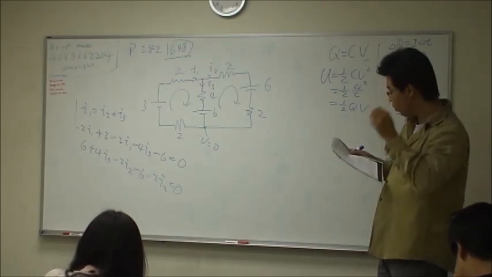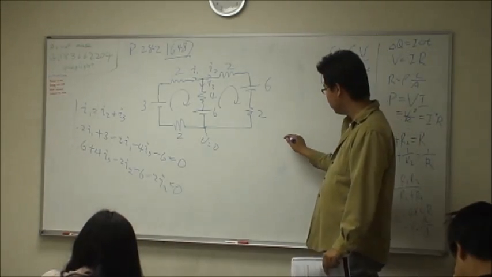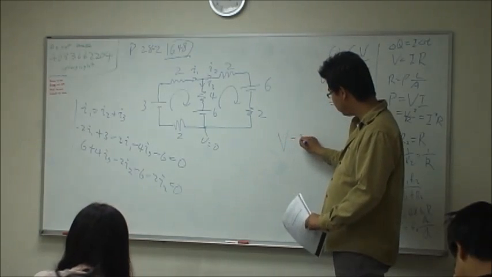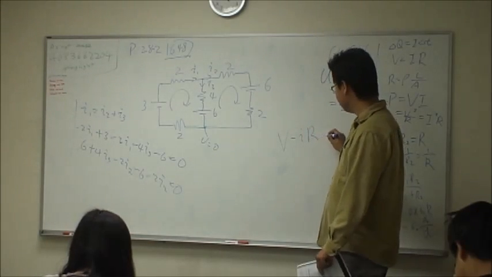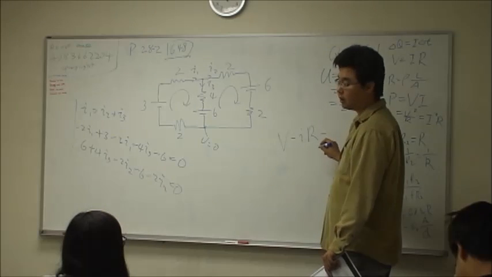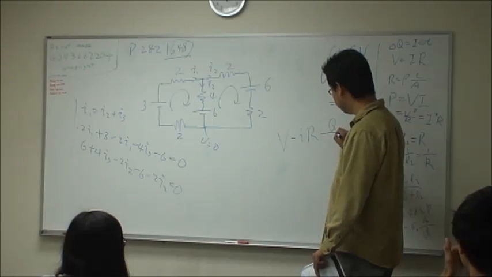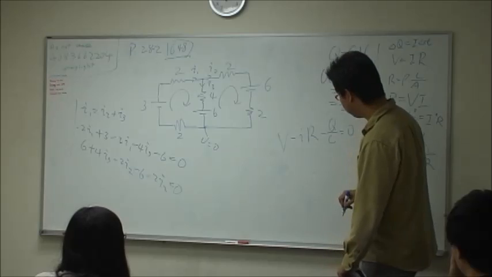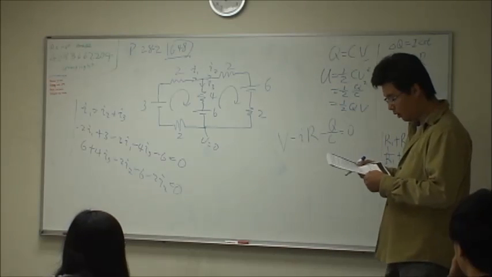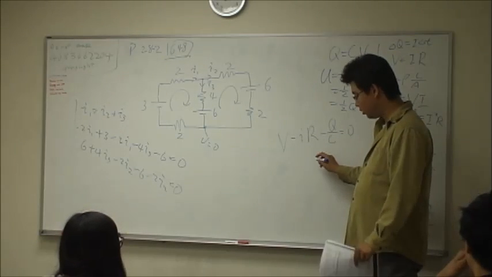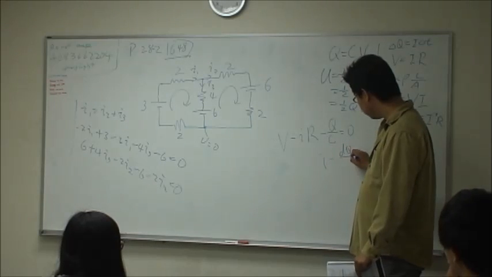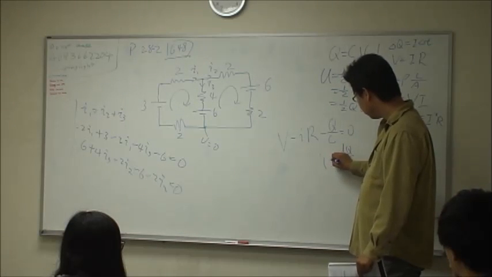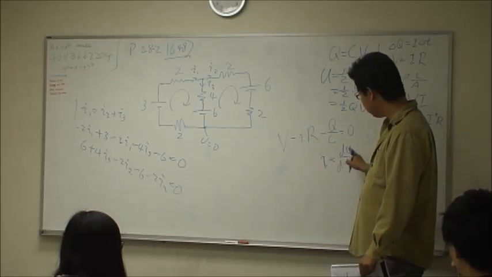Again, this one we talk about the voltage. The voltage is equal to I times R. On the other side, the voltage across the capacitor is Q over C. However, the current I by definition is dQ/dt.